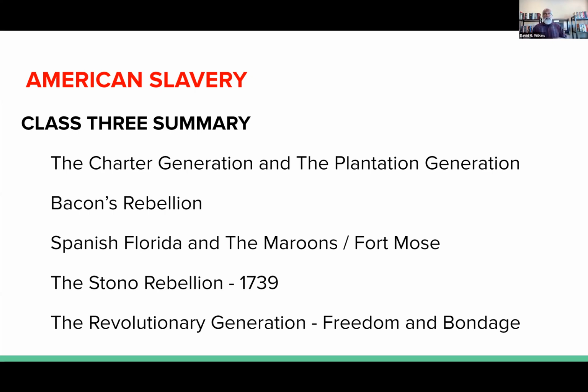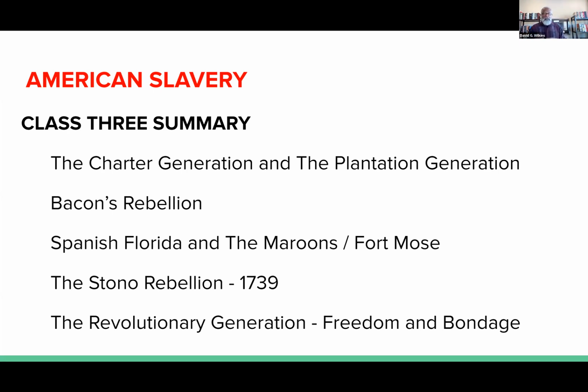Resistance meant stopping work, running away, teaching oneself to read, using that education as a way, again, to obtain your freedom. It is, again, a recurrent theme, an important message that we must teach when we talk about American slavery and the role that enslaved people played in gaining their own freedom.